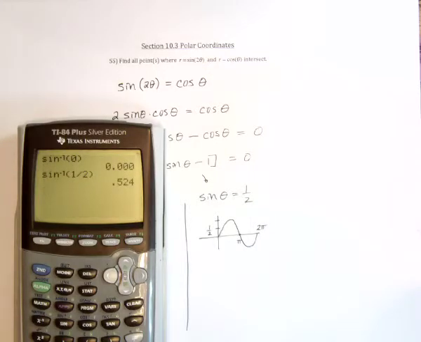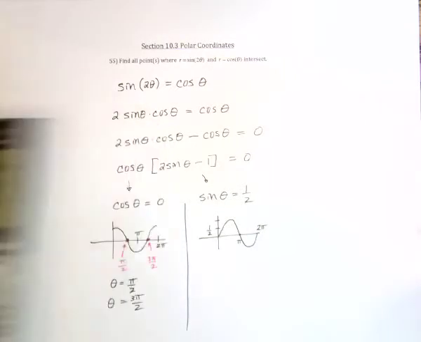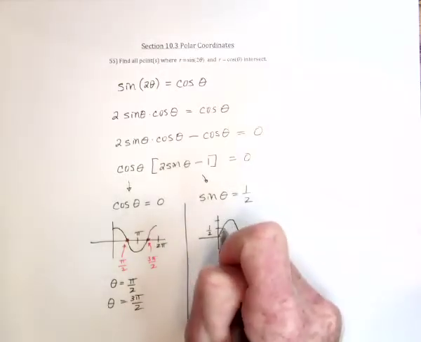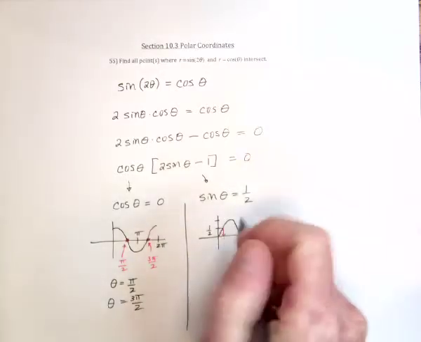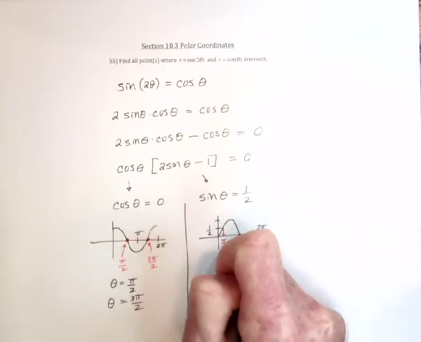And of course you look at that and say, obviously that's pi over 4. If that's not obvious, what you can do is divide by pi, go to math, have the calculator change it to a fraction, and then it will tell you, oh, that's not pi over 4, actually that's pi over 6. So we've got from the calculator this right here is pi over 6.